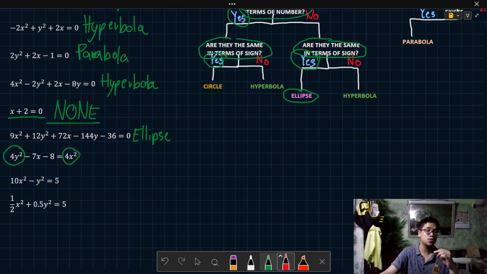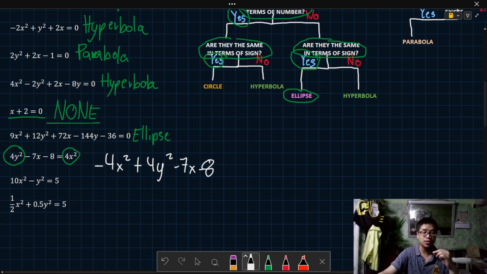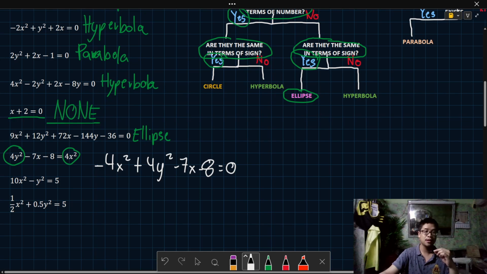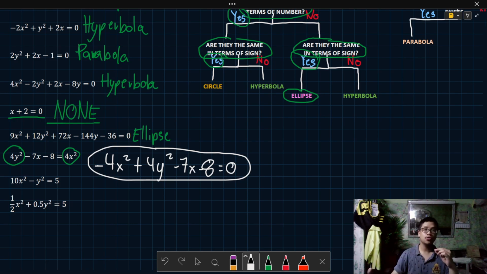Since we have 4x squared on the right, we can group it to the left. As a result, we have negative 4x squared plus 4y squared minus 7x minus 8 is equal to 0. This is now the general formula.